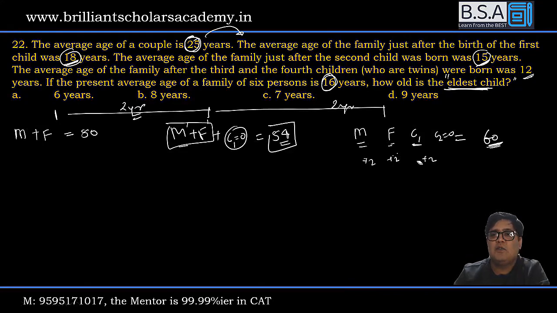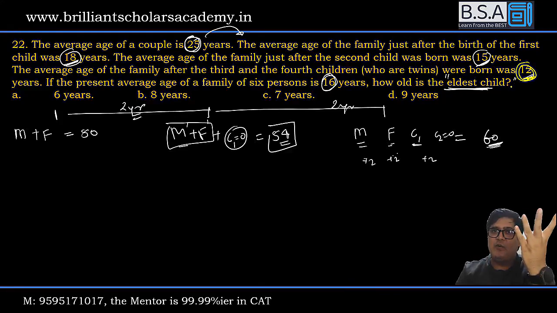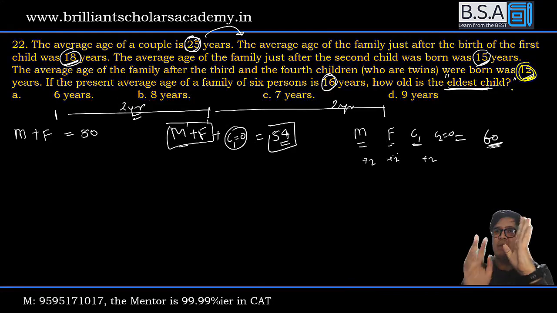So far I found out the child 1 is 2 years old. Child 2 age is 0. When the twins are born, the age is 12 years. Of how many people? Mother, father, child 1, child 2, and 2 more children. 6 people.